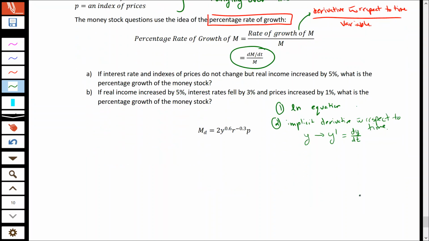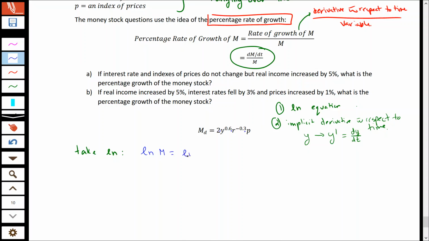So if I have that money stock equation, I've just repeated it from above here. Again, our first step is going to be to take the ln. And so when I take that ln, I'm going to have ln of M is equal to, and remember that all of our multiplication here becomes addition.